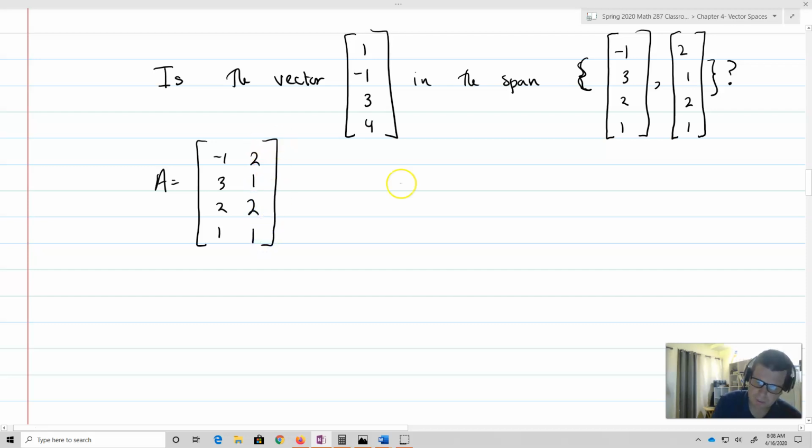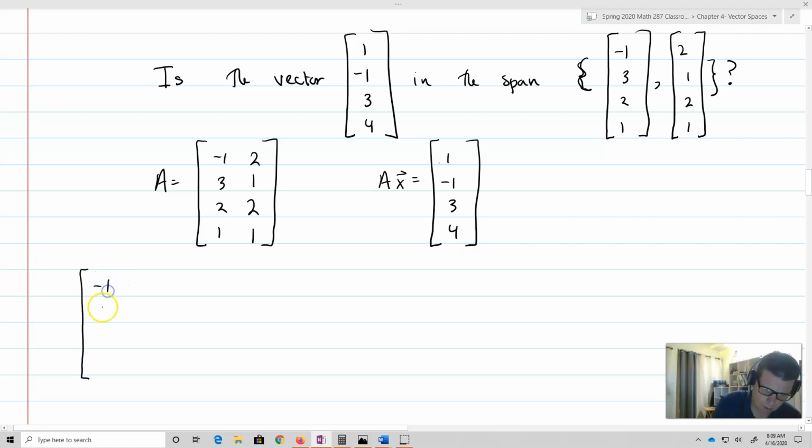And so we're going to try and solve AX equals B, in this case 1, negative 1, 3, 4. So we'll generate a matrix: negative 1, 3, 2, 1, 2, 1, 2, 1, augmented with 1, negative 1, 3, 4.